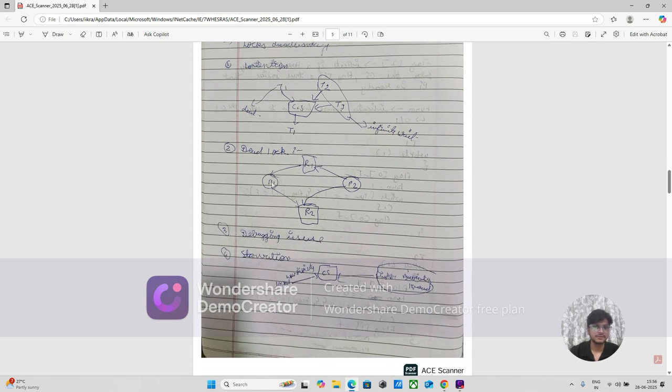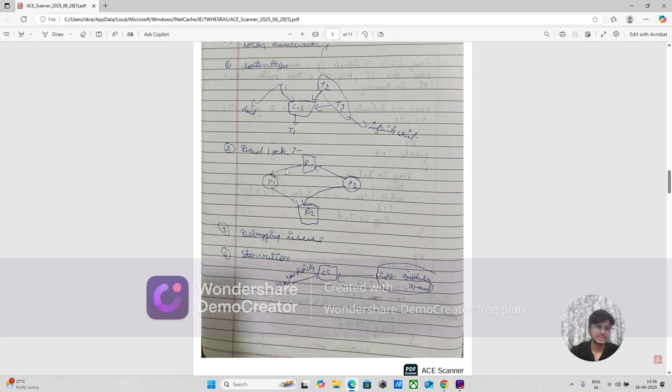And the second is, if P1 and P2 are there, and P1 has taken one resource and P2 has acquired R1, P1 also wants R1. P1 needs R1 and R2, and P2 also needs R1 and R2, but P1 has taken R2 and P2 has taken R1.